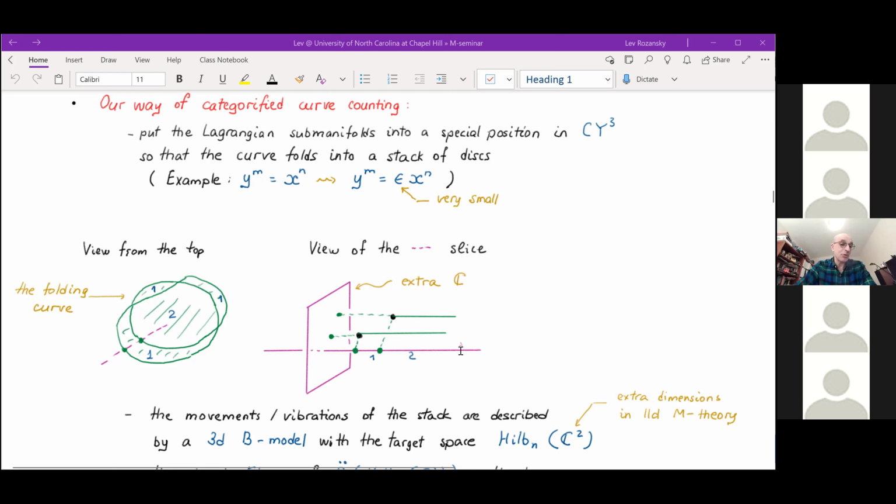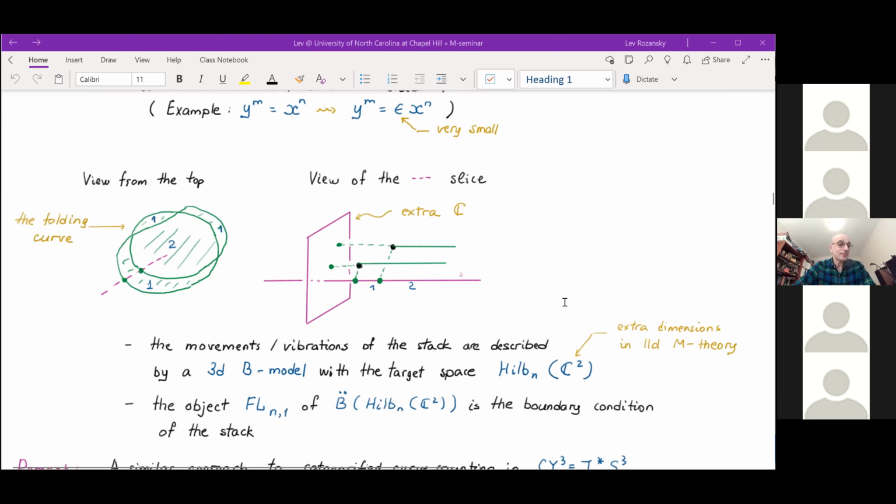They project onto the purple line, which is the dashed line in the first picture. So you see multiplicities 1 and 2, but they also project on this extra C, which you do not see in the first picture. And on the extra C, they represent the points of the braid. So as the purple line rotates in the first picture, in the second picture, the green points will move on the vertical purple plane.